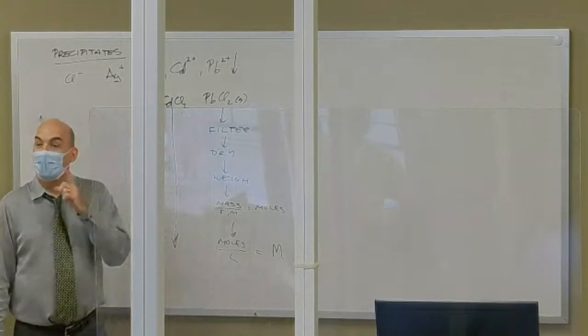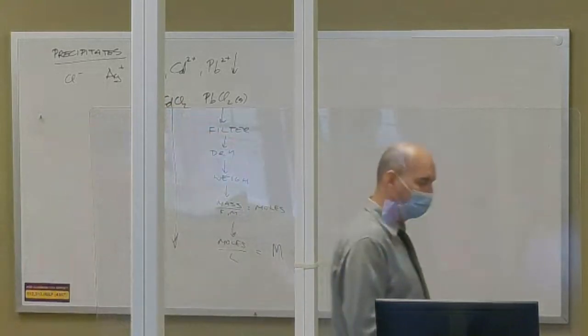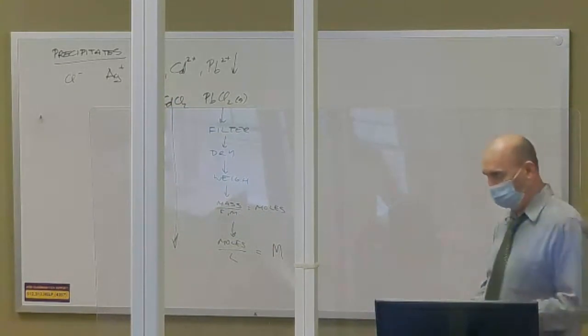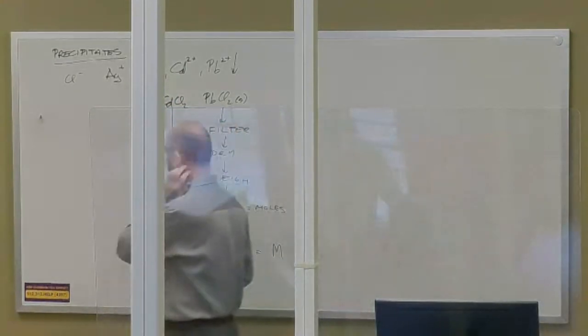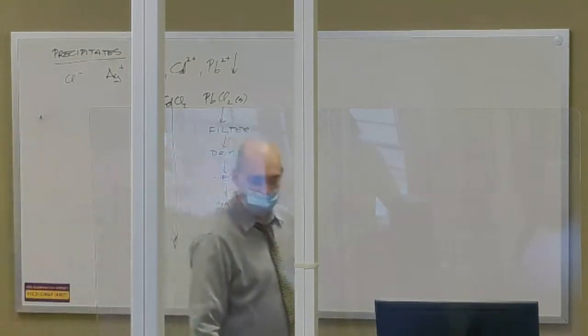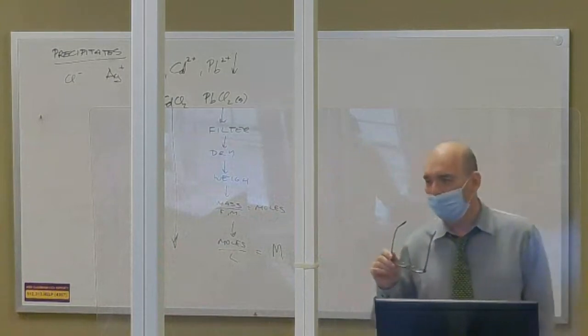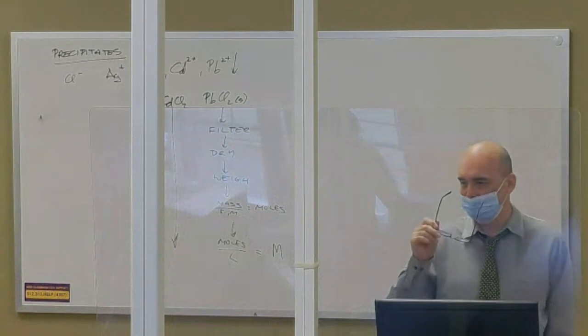Okay, so I need to selectively precipitate. I need to know either it's the only ion that I'm looking at in this solution that is going to react to chloride, or I know that they're both insoluble, but they don't have exactly the same solubilities.